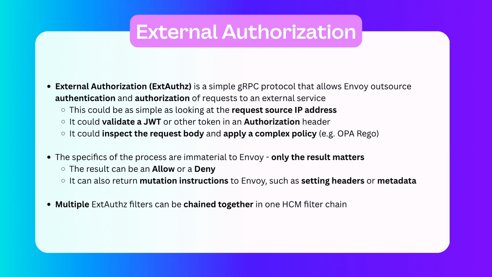The specifics of the process are generally very immaterial to Envoy. Only the result matters. It can be either an allow or a deny, funnily enough. It can also return what you could call mutation instructions to Envoy, like, I want to inject a response header, or I want to inject a header to the upstream to tell it some information.